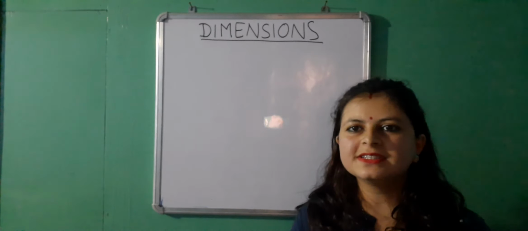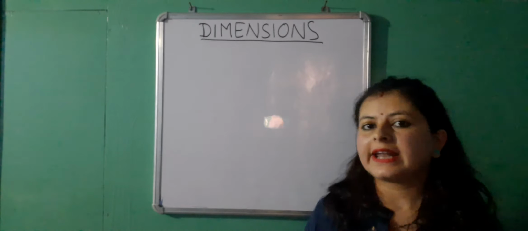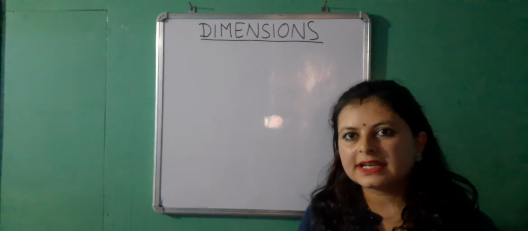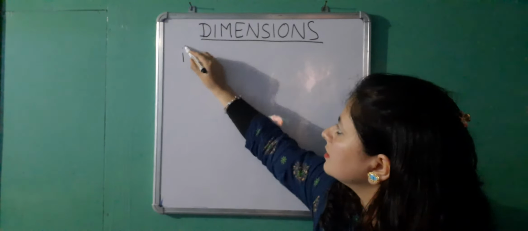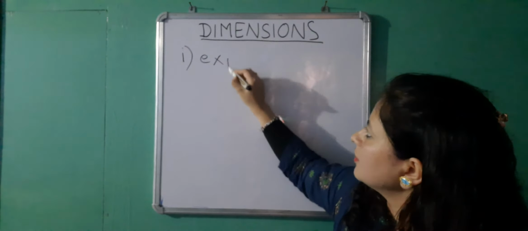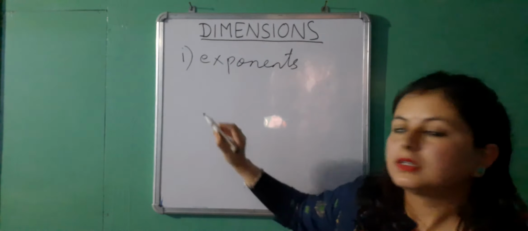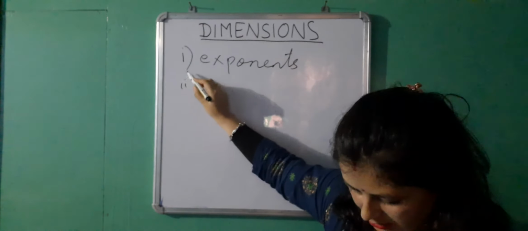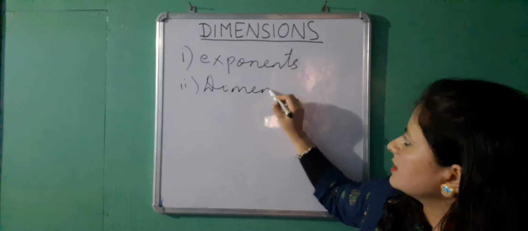Hello my dear students, continuing with the chapter measurement, today we will do dimensions, and in today's class we will learn the following. First, we will learn the use of exponents, then we will see what actually dimensions are.